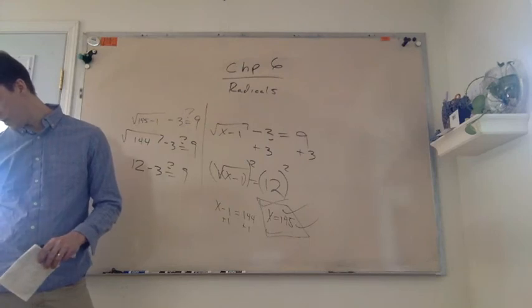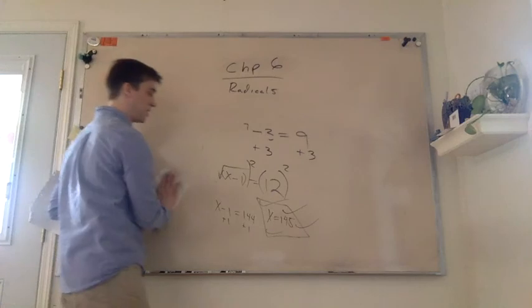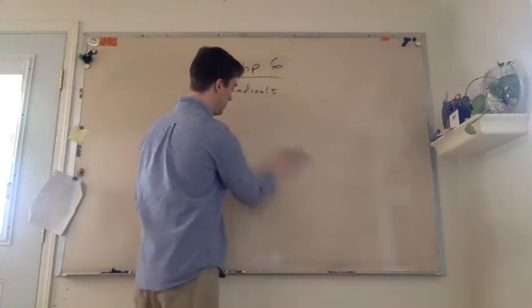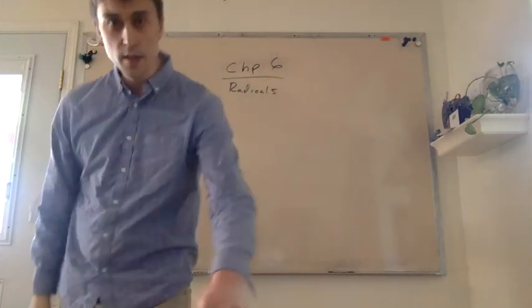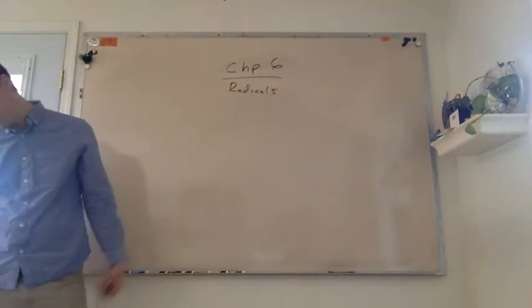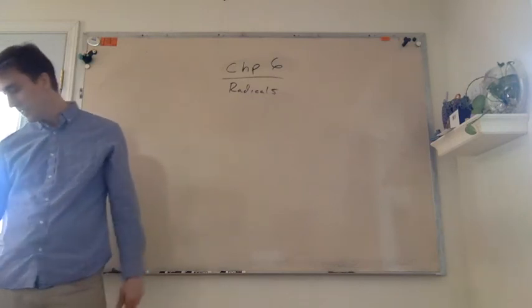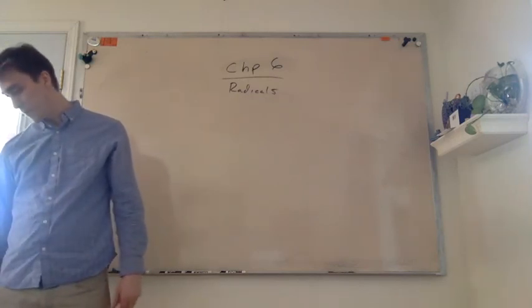Okie dokie. I think that's probably pretty good on that, and a lot of the pitfalls there. There's a couple more challenging ones, but I want to leave those to you. I'll put some on the homework.